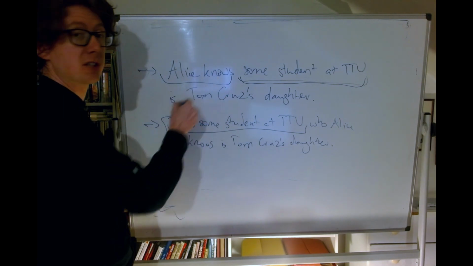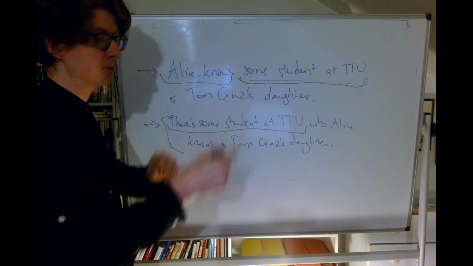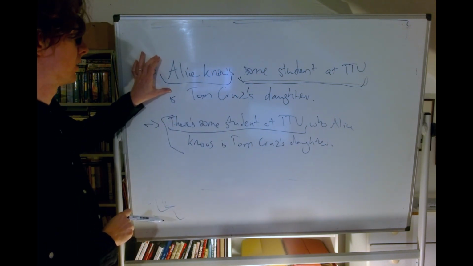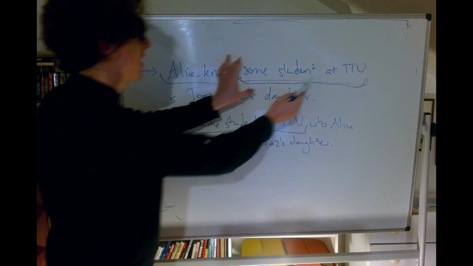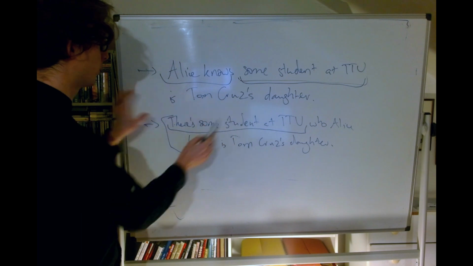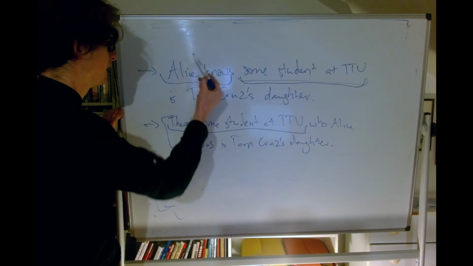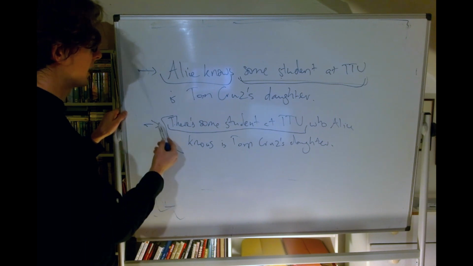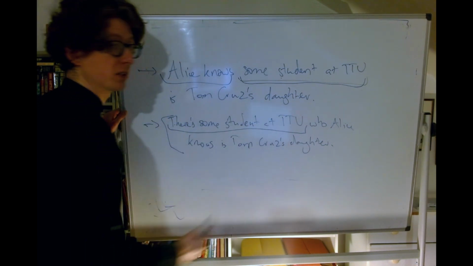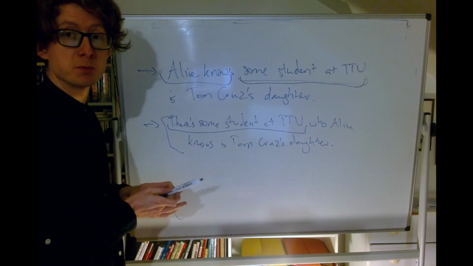So Alice is just, in the first case, having a thought that there is some student. But there's another way of understanding it, where it's as if we were taking this bit and putting it out front. Where as if the way we were understanding it was we were interpreting this bit first and then this bit second. In particular, we were thinking there's some student at TTU who Alice knows is Tom Cruise's daughter. So here the student bit comes first, the Alice knows bit comes second.